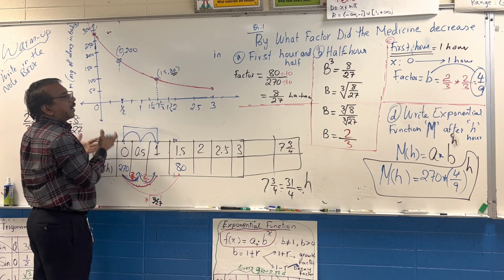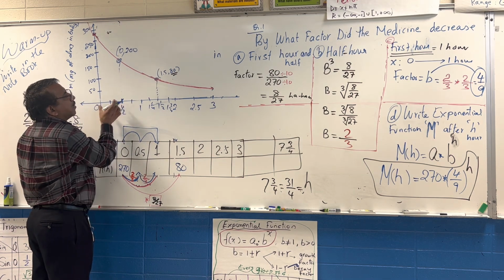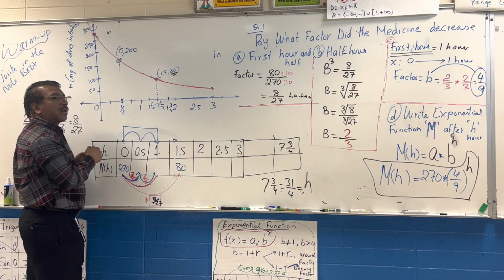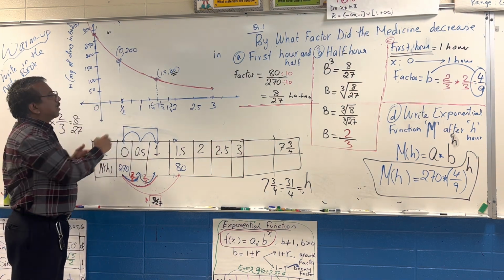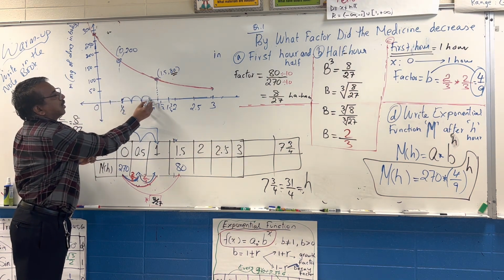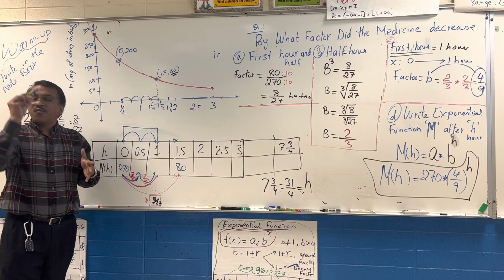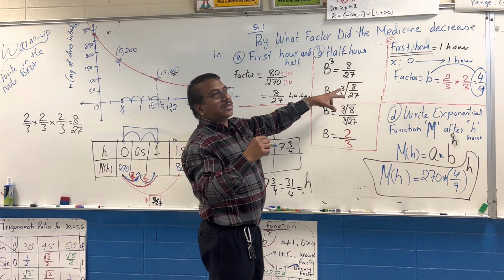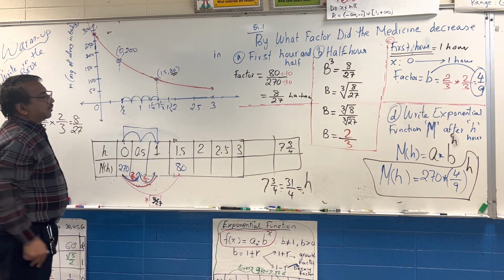And that way also you can do the same thing, figuring out how many of those pieces make up 1. Every quarter of an hour, 1/4 of an hour. You will see from here to here how many quarters there are: 1, 2, 3, 4. So it becomes the 4th root instead of the cube root. And that's how we're going to do that.